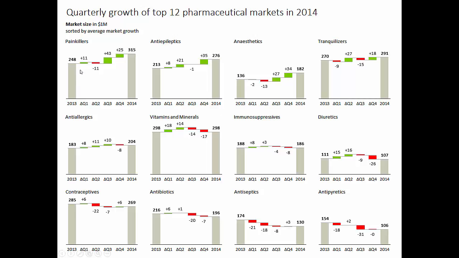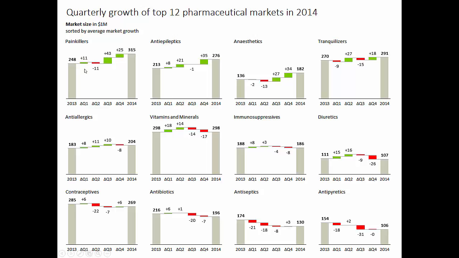So we have markets here, and this is also one typical example of using waterfall charts, because they can visualize growth over time very clearly. So in this case we have some market size from the previous year, and now we see the growth quarter by quarter.